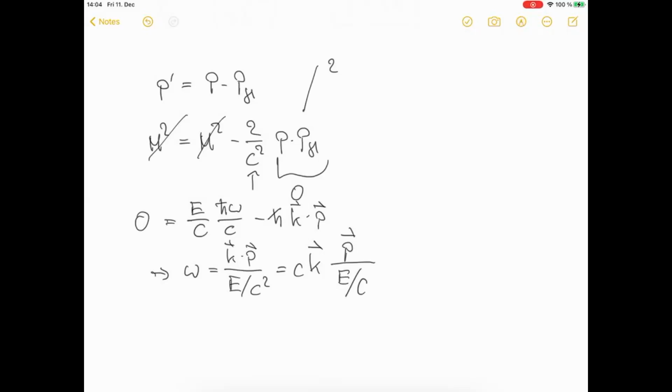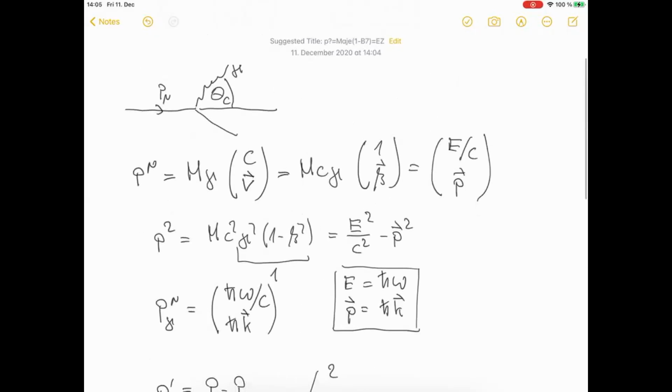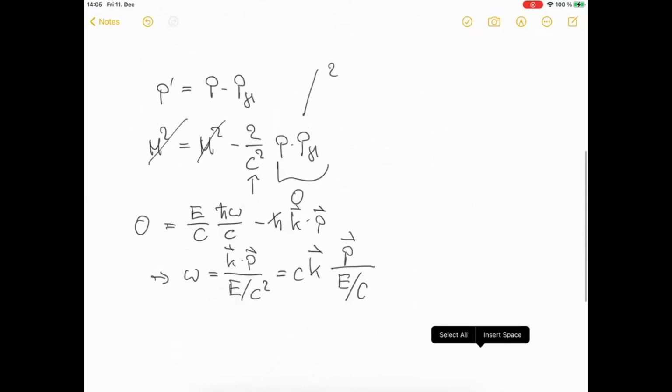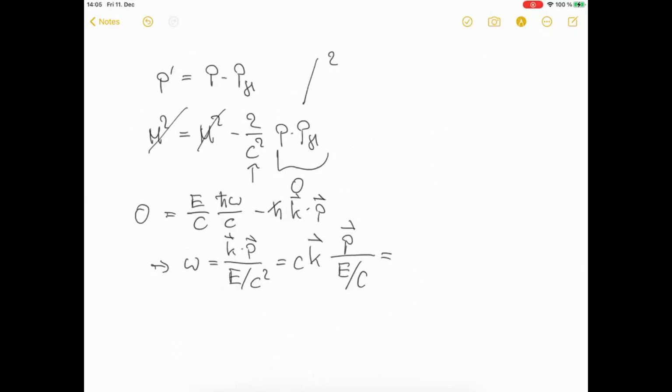And with p divided by E over c, we use our different representations of the momentum of the incident particle to write here c times k dot mc gamma beta divided by mc gamma, which means most of this cancels.